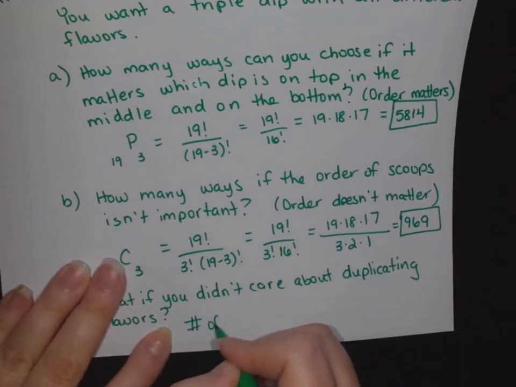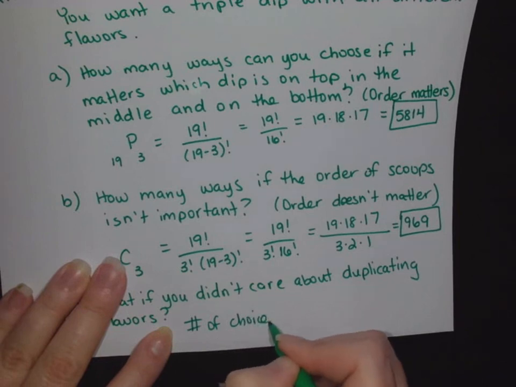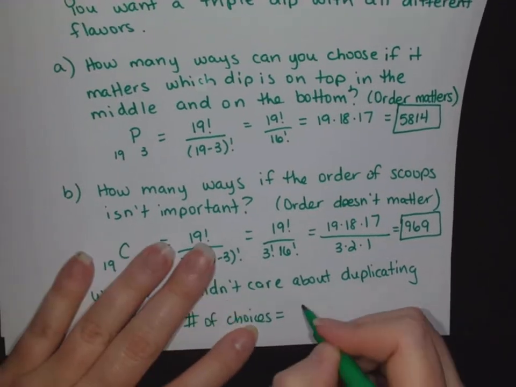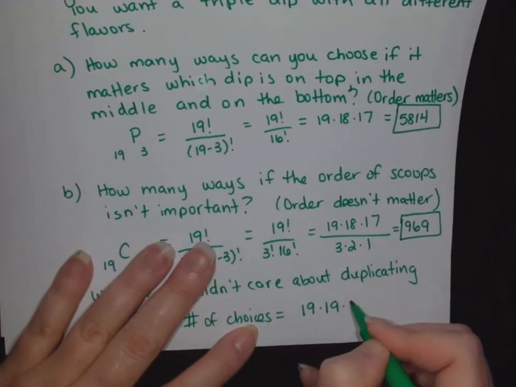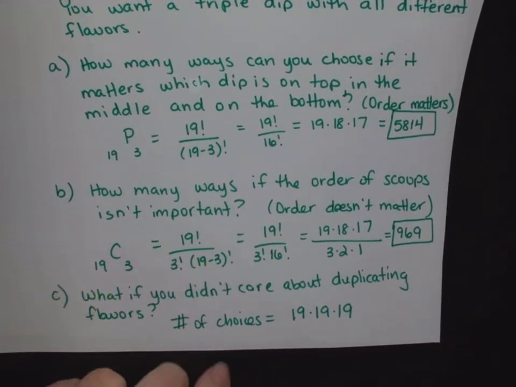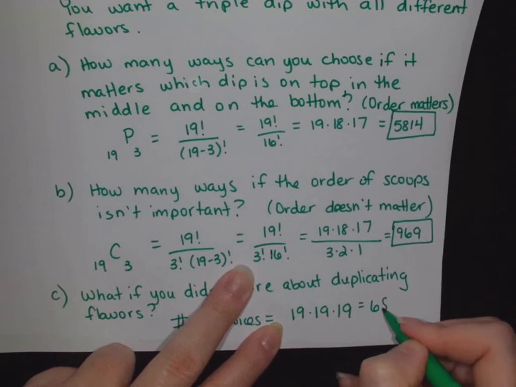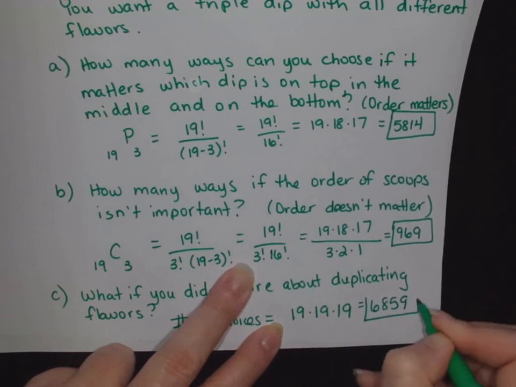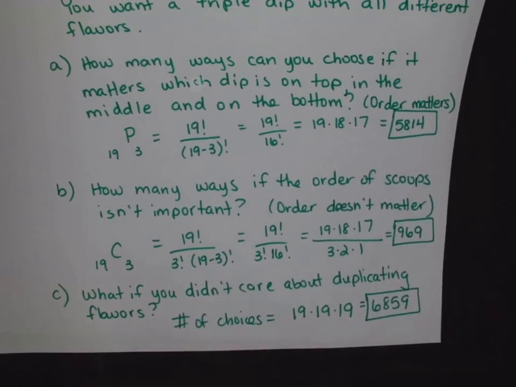You can just say this right here. It would just be 3 dips, and each dip would have 19 choices, since now we don't have to worry about going down by 1 every time. So we end up getting 6,859. If duplications are okay, then it would be 19 cubed, basically, since there are 3 dips.